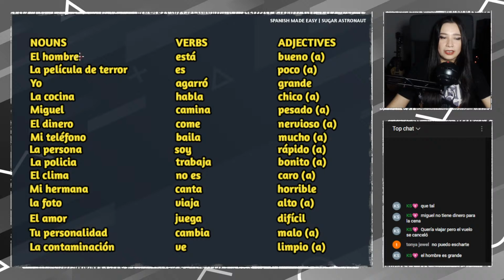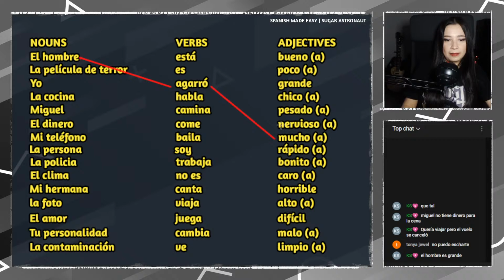It's crazy. You can use el hombre agarró, and then you can have mucho, and then something else, another noun, okay? Mucho dinero, for example. We can even go back, like el hombre agarró mucho dinero.